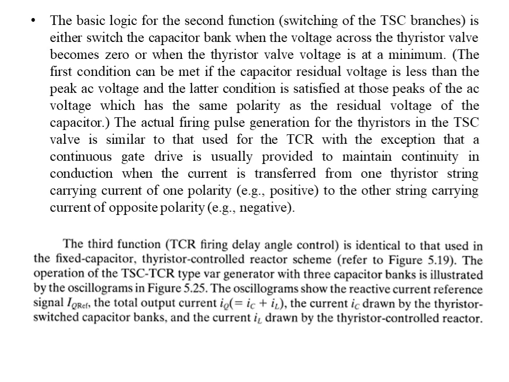That is, the inductive current was from the TCR branch and the IC current was from the FC branch. In the case of TSC-TCR, the net reactive current will be equal to IC, that is from the N TSC branches, and IL, that is nothing but the TCR branch.